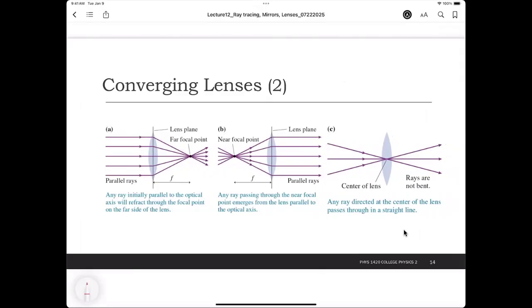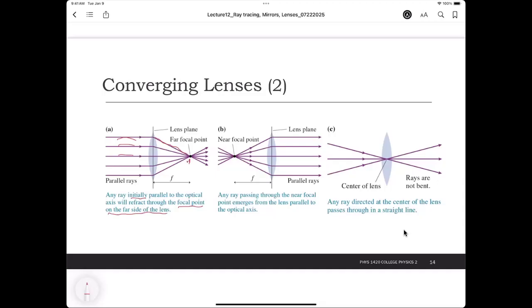The first one: you can see any ray initially parallel to the optical axis will refract through the focal point on the far side of the lens. This is the far focal point, and those parallel rays will converge to this point.